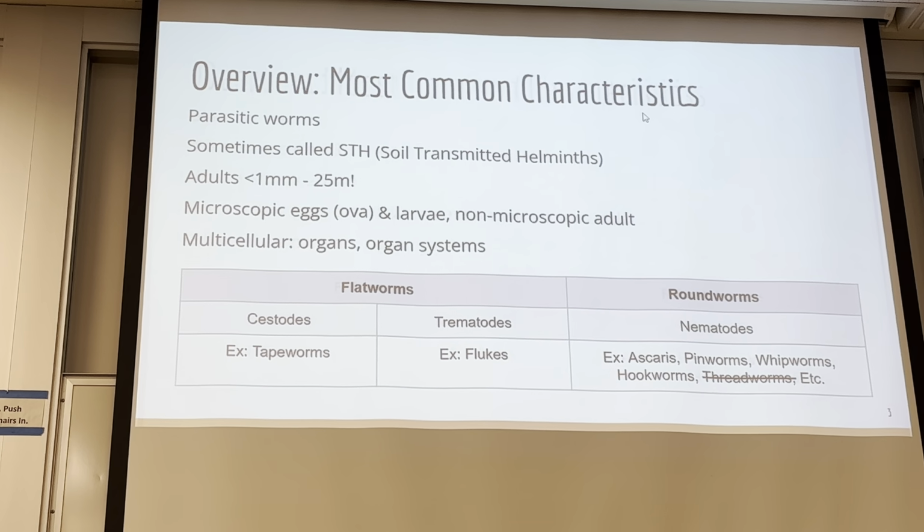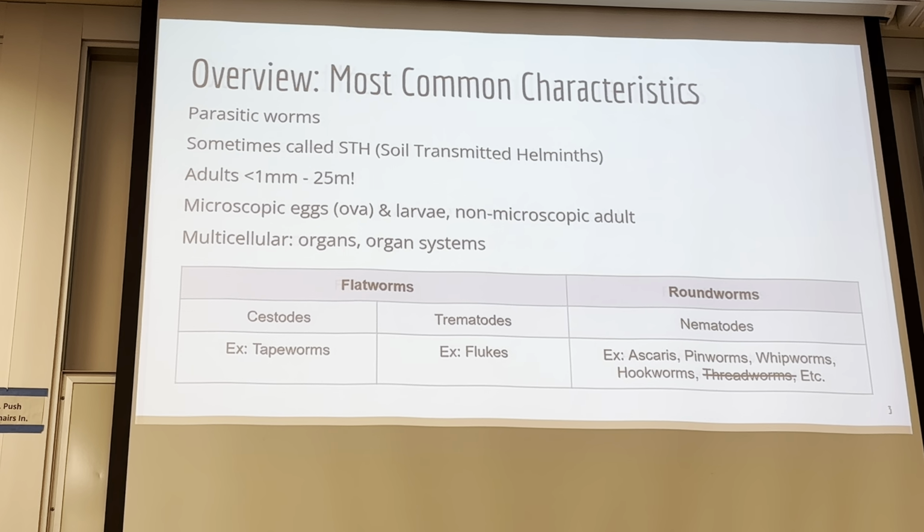Okay, so we're going to talk about flatworms and roundworms. There are two different types of flatworms, and they are called cestodes and trematodes. We can call them flatworms, but we don't really call them that anymore.